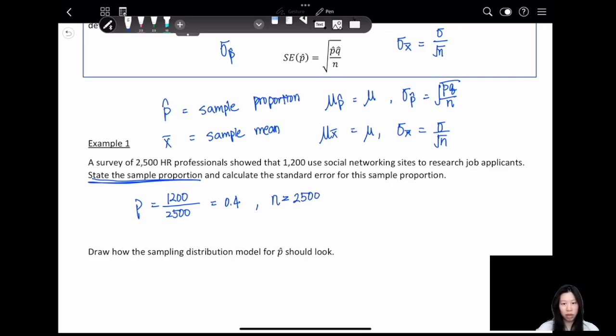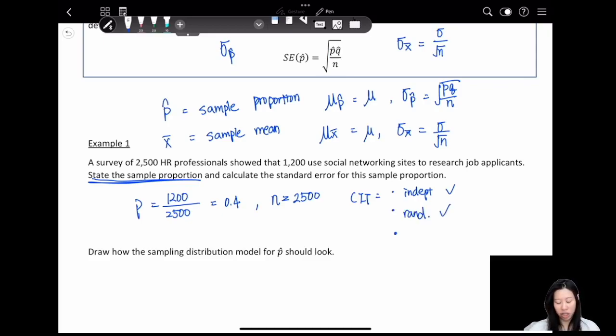The first step is we always need to check the central limit theorem conditions. One, independence. We assume that it's independent because each HR professional is not going to affect the other's results. Then randomization.